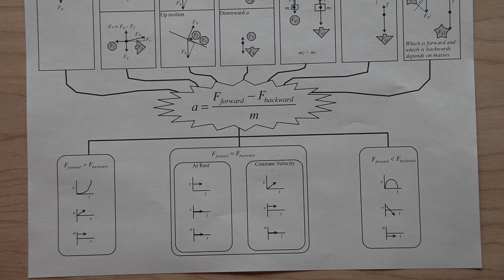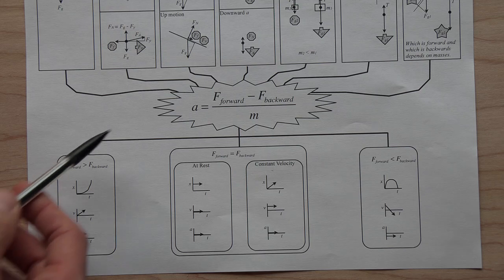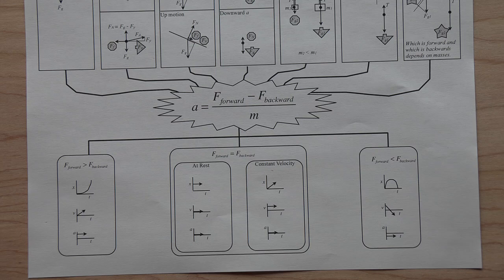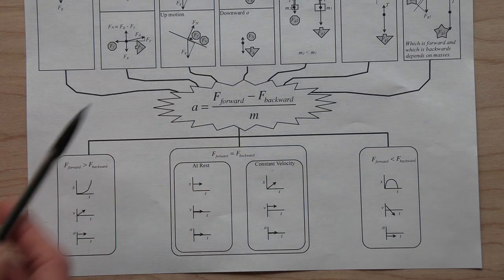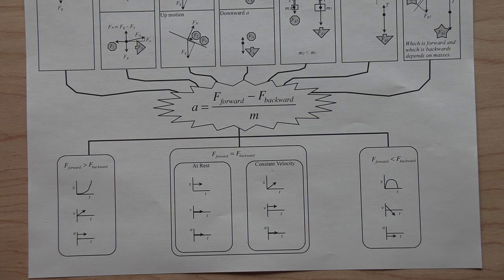So you see, we could have kinematics mixed in with Newton's laws. You might have to, part A, get the acceleration, part B, draw some graphs, or possibly even use x equals x0 plus v0 t plus 1/2 a t squared, one of those formulas, to figure out where it is or its velocity. Kinematics can and often is mixed in with Newton's laws.